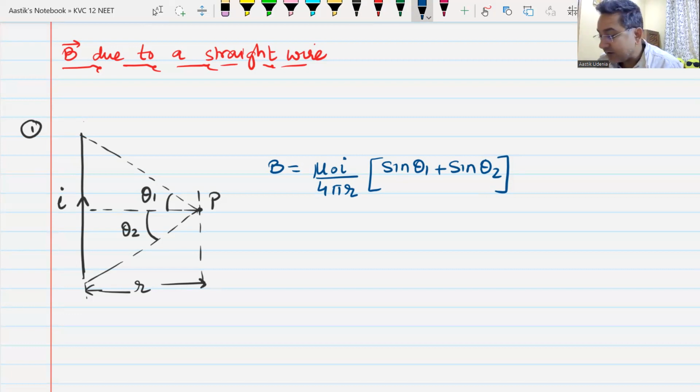I will take a pause here and I will ask you to find out the direction of magnetic field. What will be the direction of magnetic field at point P?